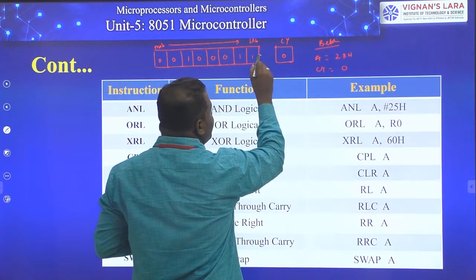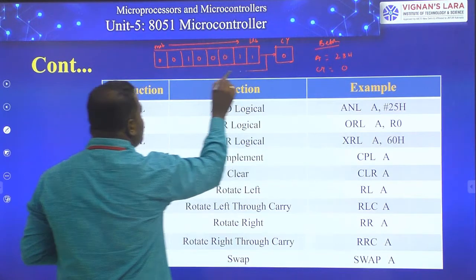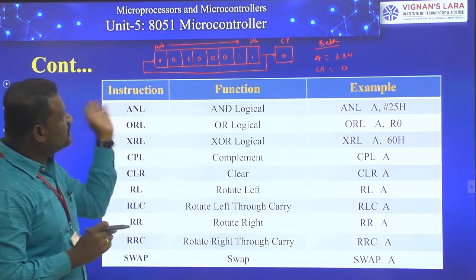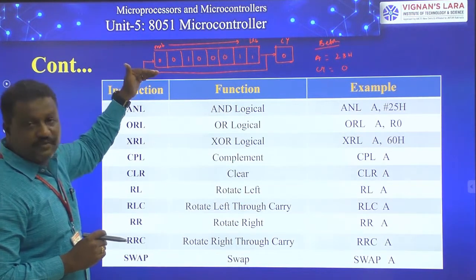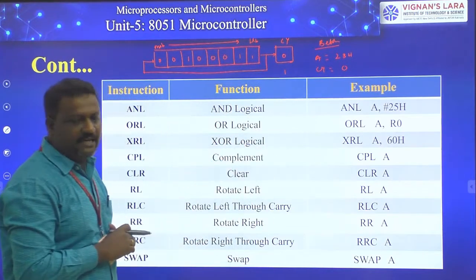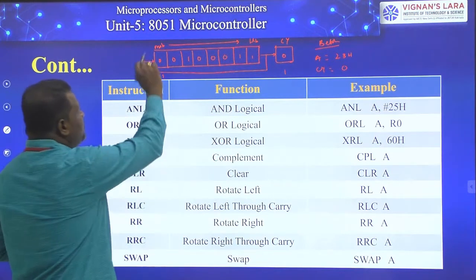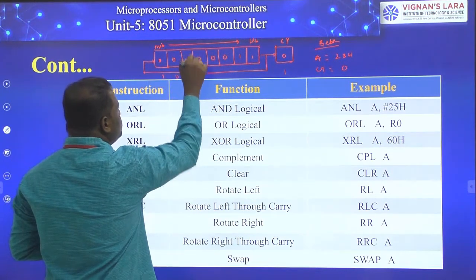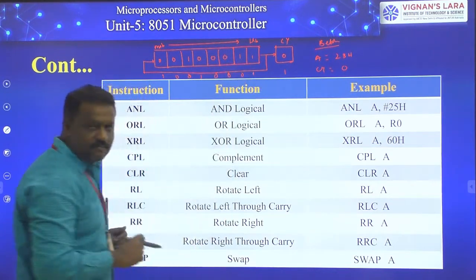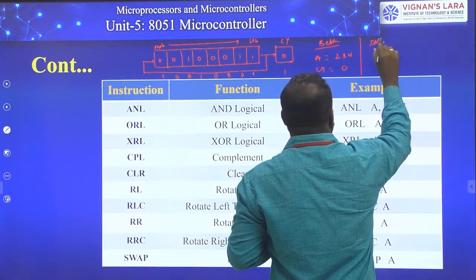In that process, the LSB bit goes to carry as well as to the MSB position. So what's the change that we identified in the bits of accumulator as well as carry? The LSB bit goes to carry, so the carry value is 1. Now the same LSB moves here and the bits shift, giving 1 0 0 1 0 0 0 1.